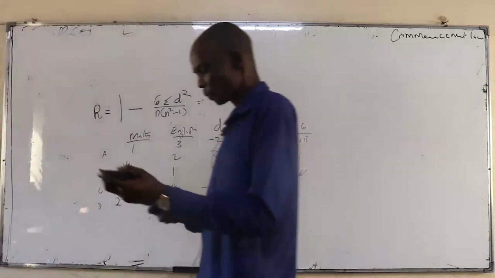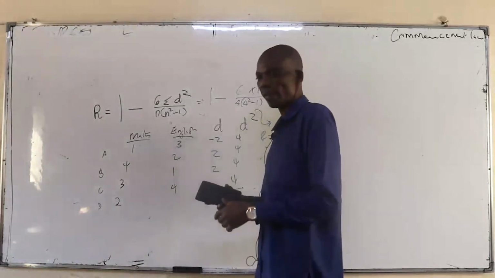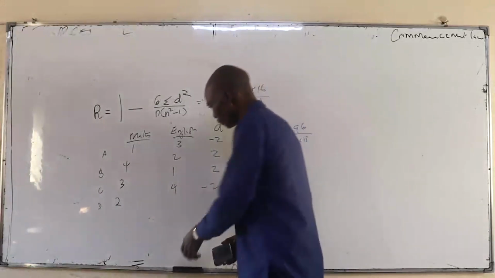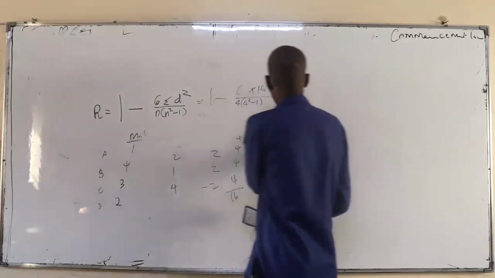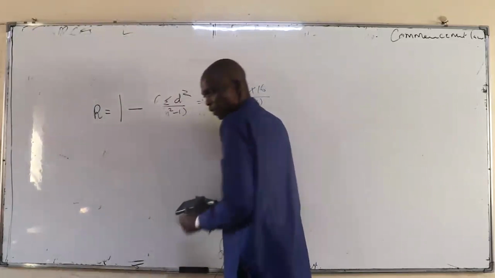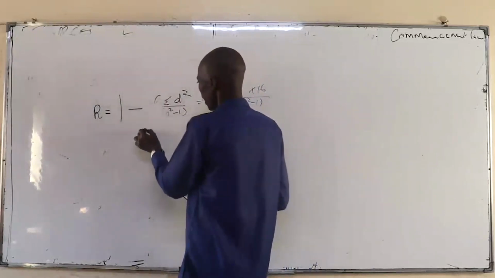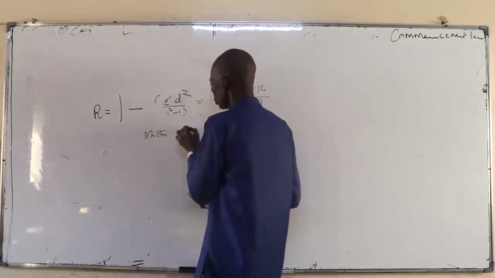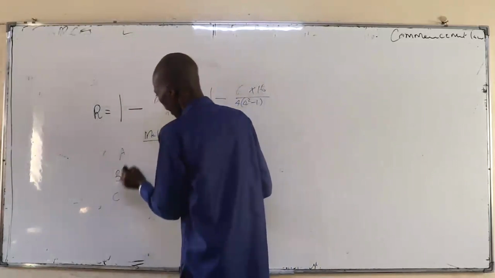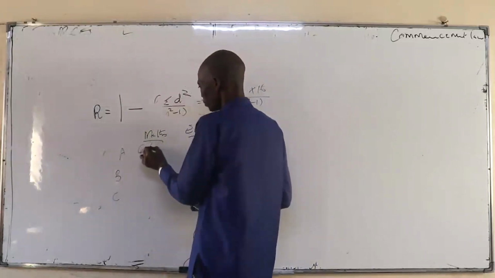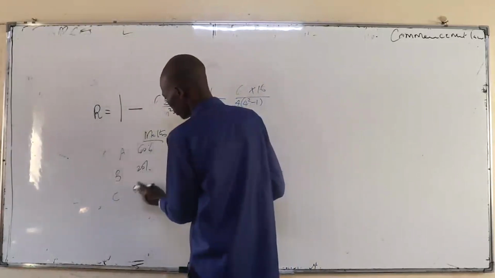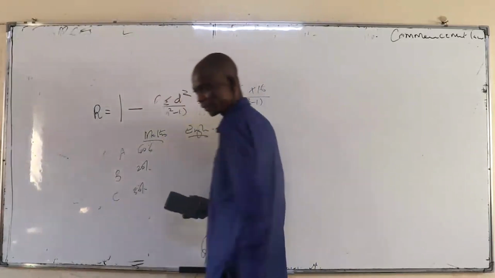That's how it's obtained. Now I've said that for rank correlation, there are two ways. Either the items are ranked already, the way you've been told here, or you can be given items which are not ranked. For example, in the same scenario, suppose we had only 3 students, A, B, and C, who did maths and English. A scored 60% in maths, B scored 20%, and C scored 50%.